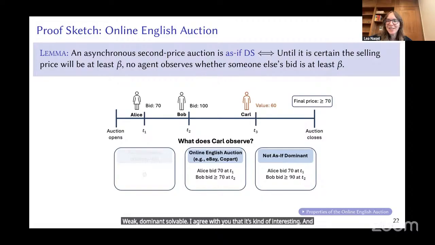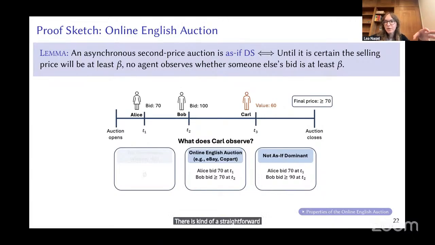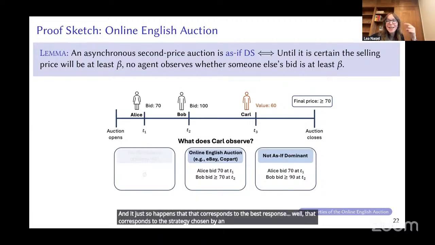The way I like to think about it is that these mechanisms do a twofold thing. For people that have high costs of thinking about larger strategy sets, or people that are literally cognitively limited and don't see these very contingent behaviors, there is a straightforward best response. And it just so happens that it corresponds to the strategy chosen by an agent who is able to engage in iterated elimination of weakly dominated strategies.